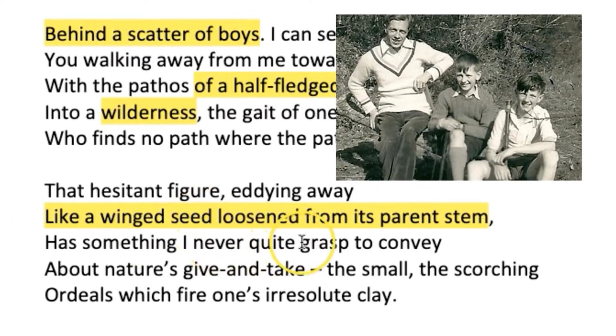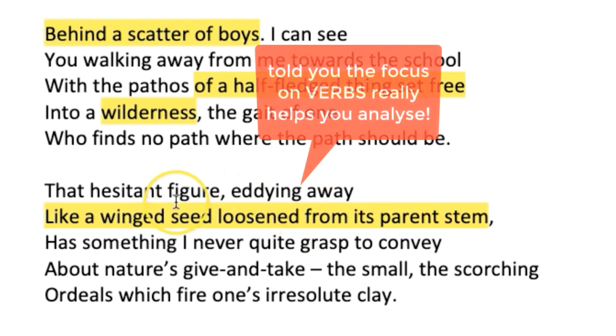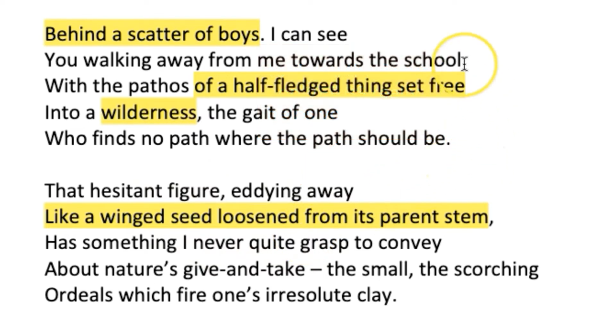If we focus in on the verb loosened, it again suggests that this is beneficial to the son, who has been slightly trapped in the parent relationship before, and now being loosened gives a sense of positive freedom rather than the negative freedom we had in the previous stanza.